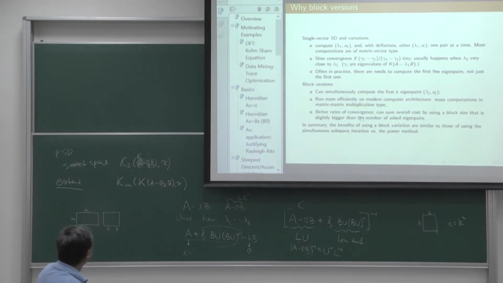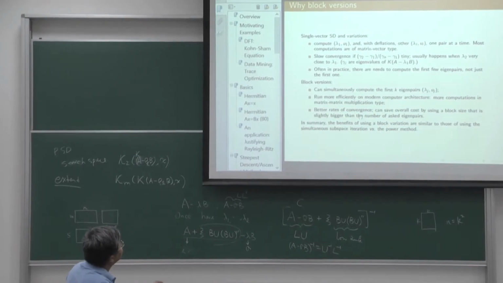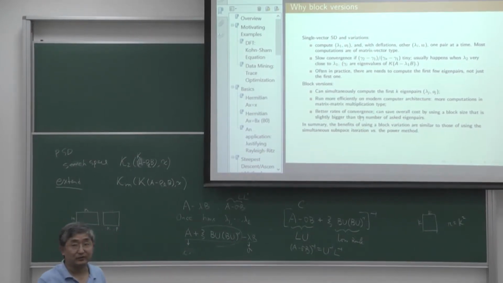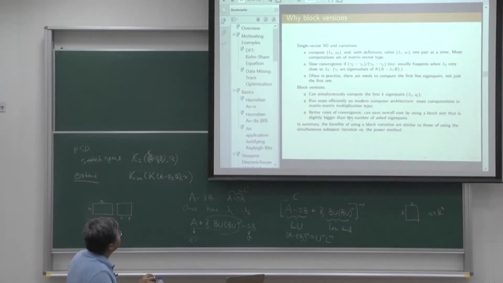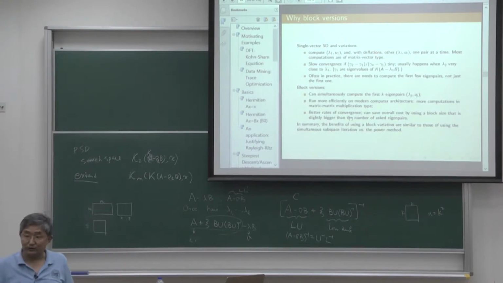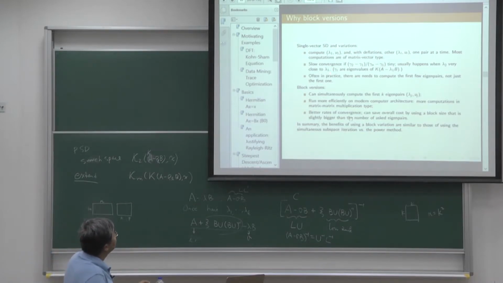You start with one vector, perform the optimization, and the eigenvector keeps getting closer and closer to the first eigenvector and the first eigenvalue, right? So the single-vector SD, including steepest descent, the preconditioned version, and the extended version, are called variations. You compute the first eigenvector, and with deflation, the second and third in that order, one vector at a time.